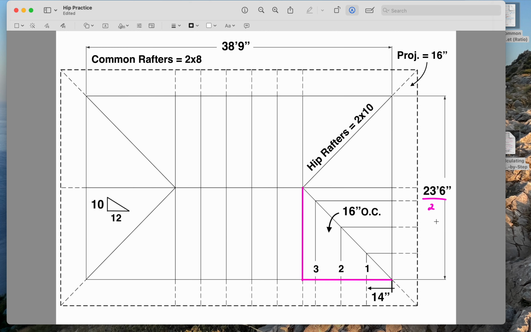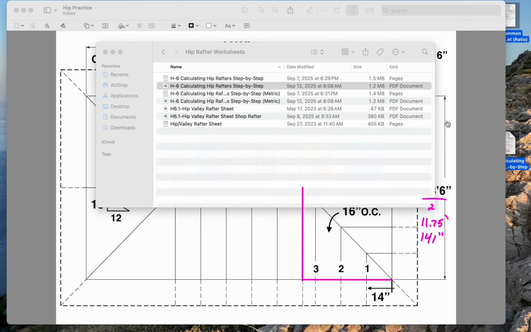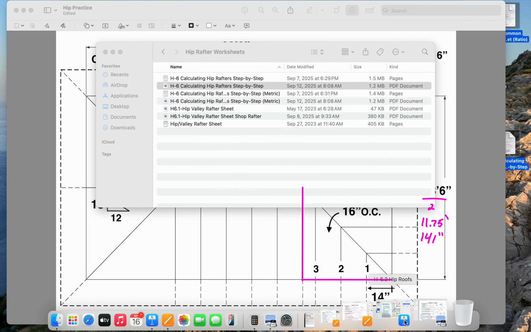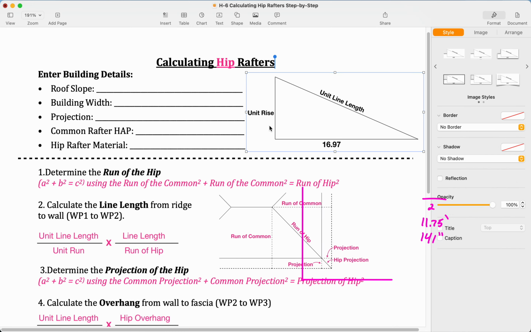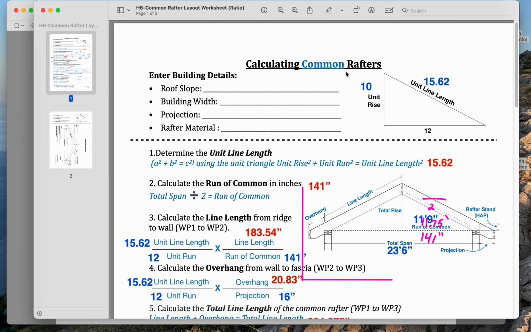Okay, so if we divide this by 2, we get 11.75 feet, which is 141 inches. Okay, so I like to convert that into inches so that all of our work gets done in inches. Okay, you could do it in feet; it would work just fine, but I just prefer that. Oops, that's the wrong sheet. Let me pull this one up.